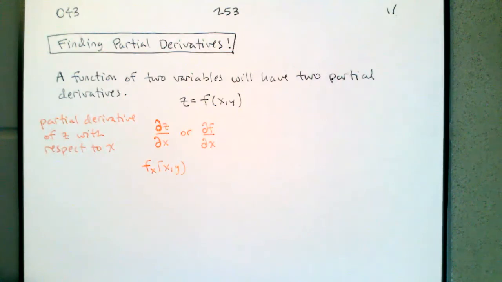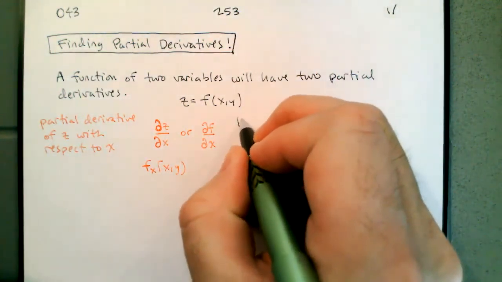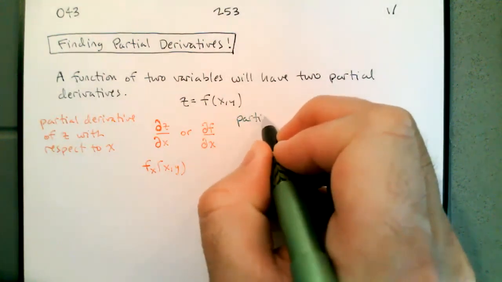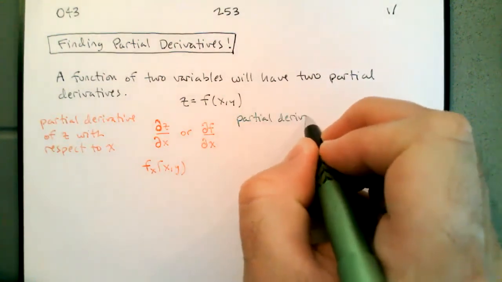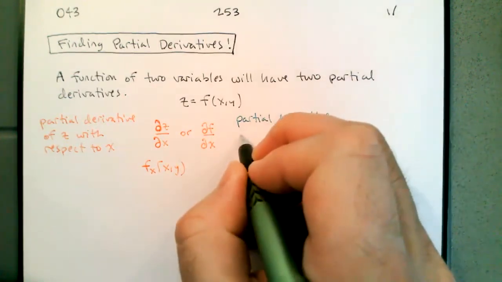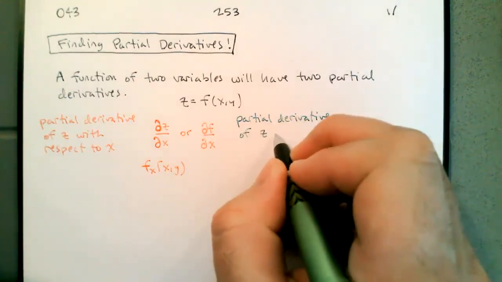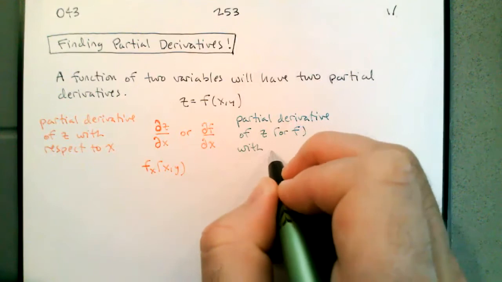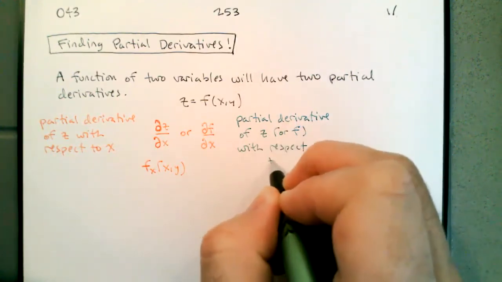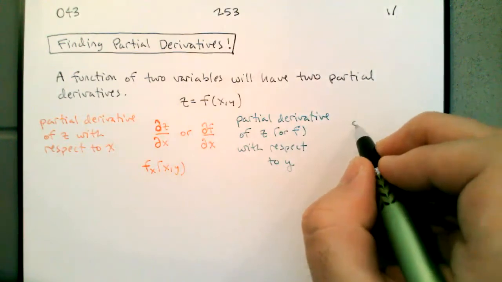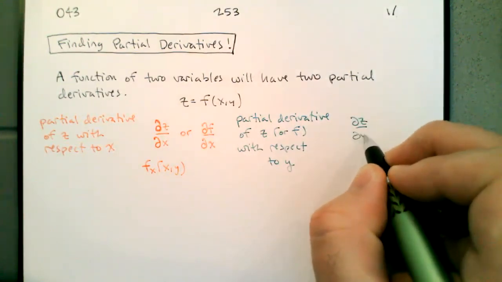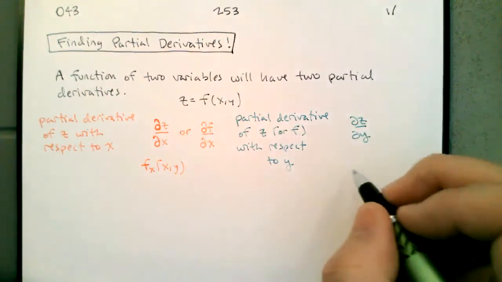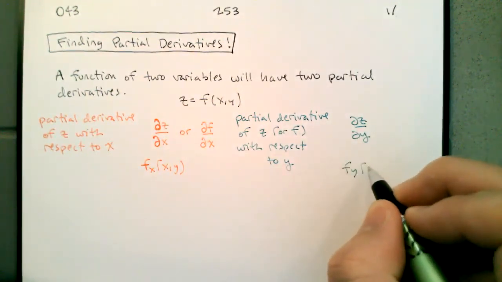But there are two variables, so we will also have a partial derivative of z with respect to y. So we'll say partial derivative of z with respect to y, where we would write dz dy, or in a Newton style notation, we'll write fy at xy.